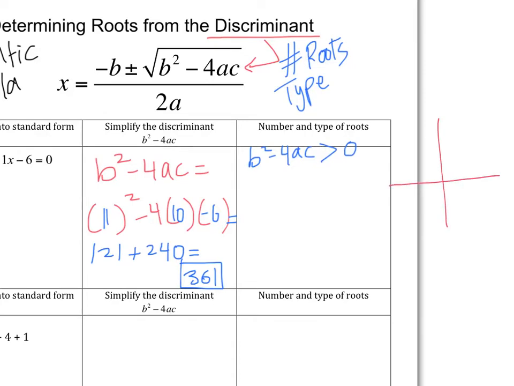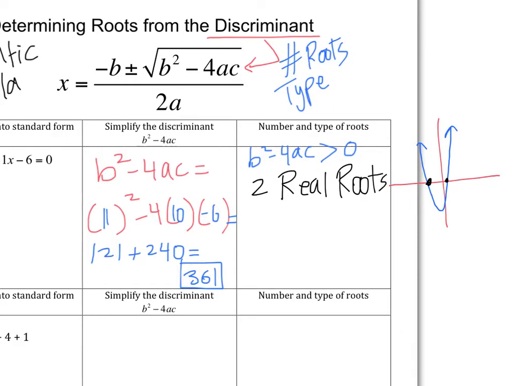My graph is going to cross the x-axis in 2 different spots. This is what it means when b squared minus 4ac is greater than 0. It means I have 2 real roots. My graph will actually cross the x-axis in 2 different spots.